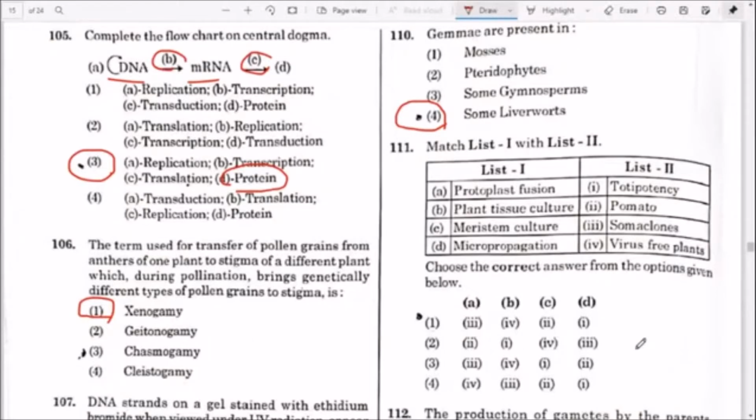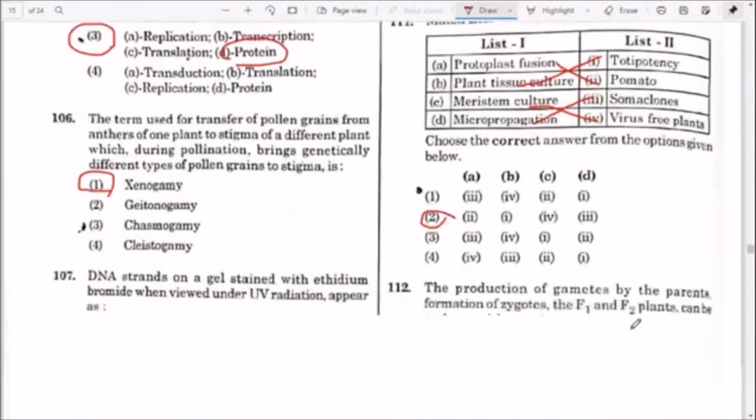Choose the correct answer from the options given below. Option number 2, where protoplast fusion is pomato, plant tissue culture is totipotency, meristem culture is virus-free plants, and micropropagation is somaclones. So option number 2 is the correct option, students.